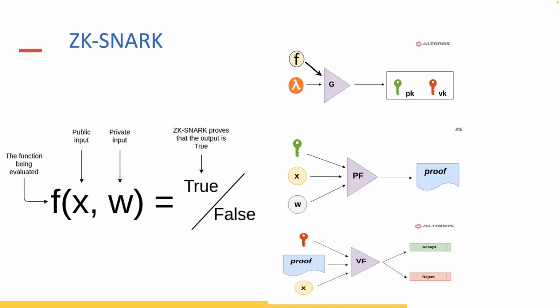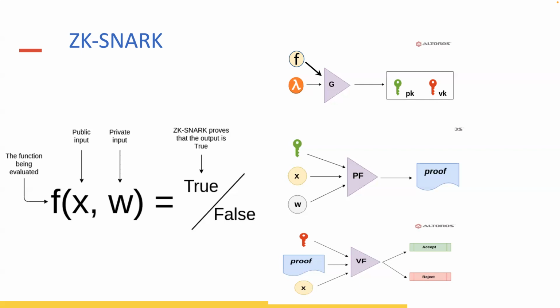So just a brief recap. When you're using ZK-SNARK, it usually runs in 3 steps, and the first 2 steps, in our context, run off chain.